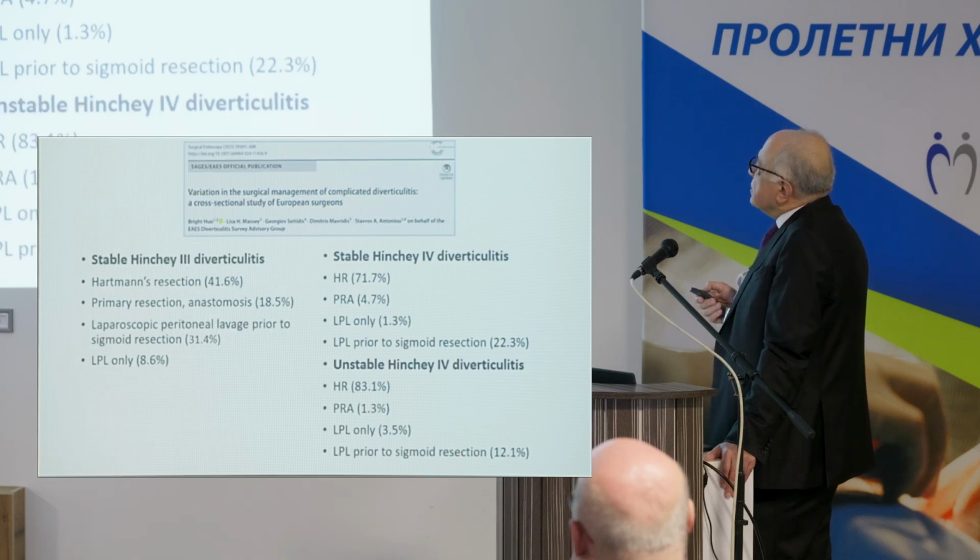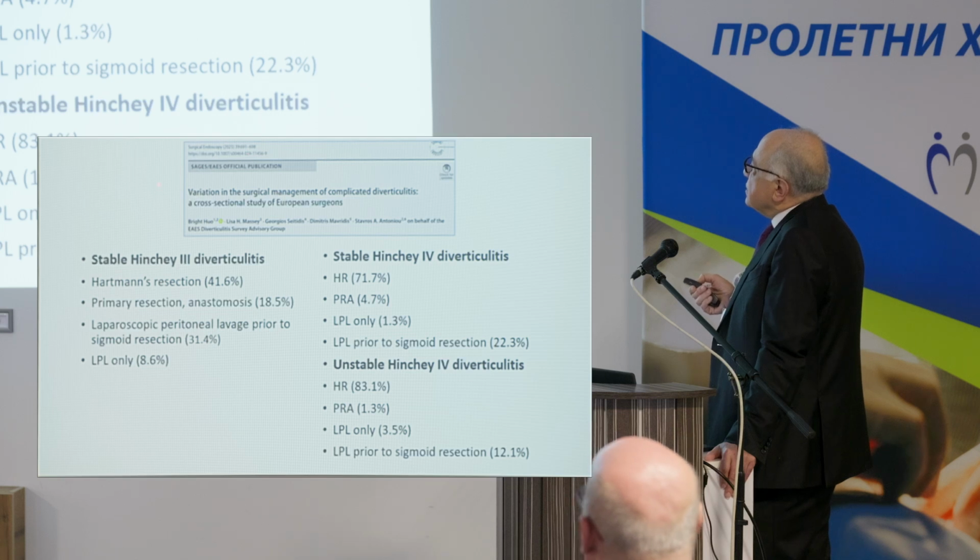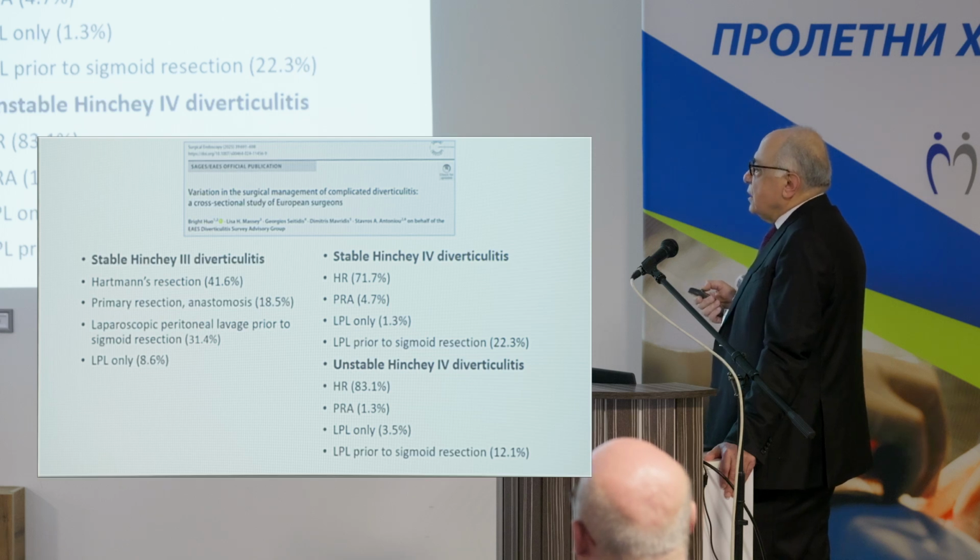This is a really very recent paper published in Surgical Endoscopy. There is really a huge variation in the surgical management of complicated diverticulitis in European countries. For stable Hinchey 3 diverticulitis, for example, some surgeons prefer the Hartmann procedure.